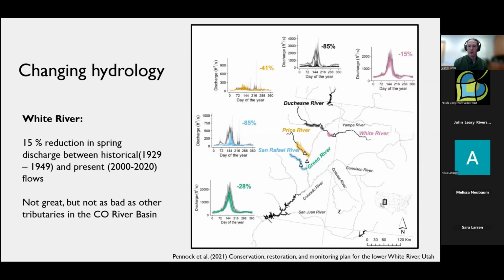But it's also worth noting that this decline isn't as severe as what we've seen in some other tributaries in the Colorado River Basin, where reductions have been far larger. Still, even a moderate decline in peak flows can mean fewer opportunities to scour banks, create new bare surfaces, and recruit large wood, all processes that maintain a dynamic, healthy riverscape.